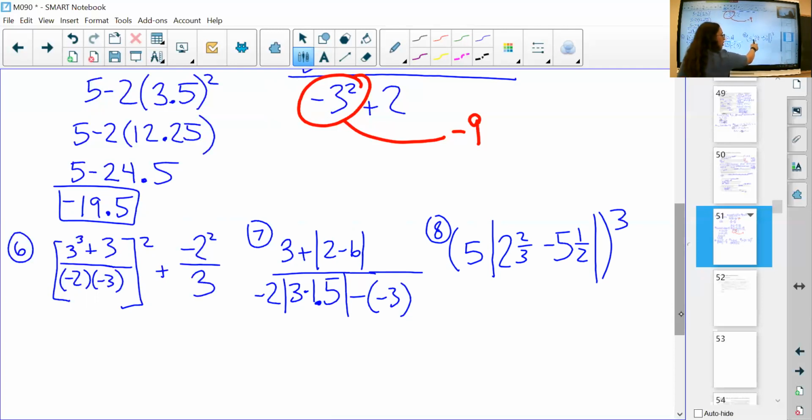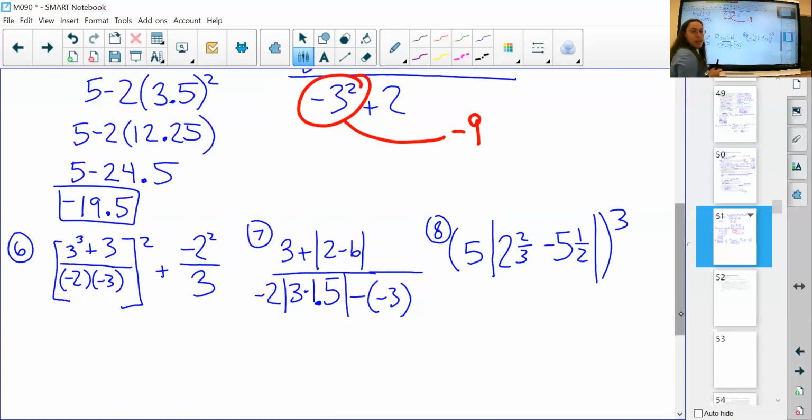Even though there's multiplication involved, I start here because of these grouping symbols. Start by subtracting, take the absolute value, multiply by 5, then apply the exponent. Usually we do exponents first, but because of all these grouping symbols, we have to take care of those first. And by the time we take care of all those, we have a single number in here that gets cubed.